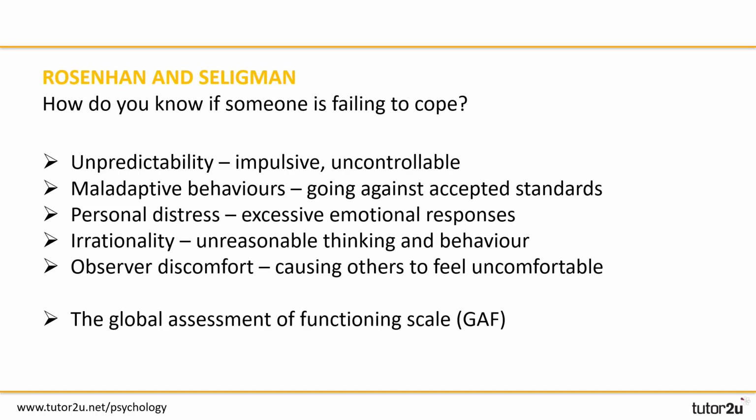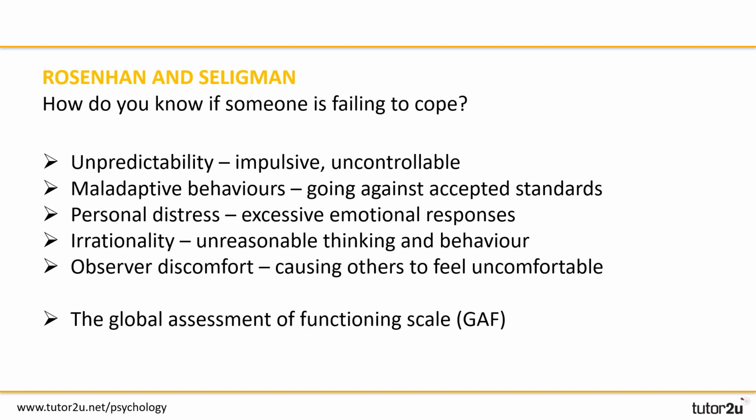Maladaptive behaviours are behaviours that are really unhelpful, but also go against accepted standards. Personal distress. If somebody is experiencing excessive emotional responses, if someone's behaviour is causing them distress, then that is an indication that someone is failing to function adequately. Irrationality, unreasonable thinking and behaviour, and observer discomfort, which is causing other people to feel uncomfortable because of something that you're doing.